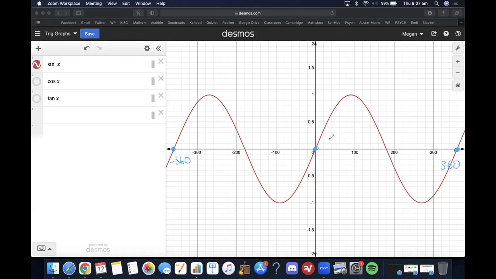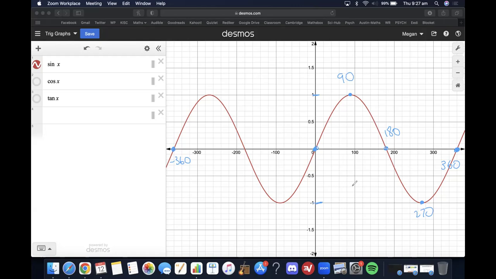The same thing happens every 360 degrees. We just go up and down. The top point here is 1. But if this is a quarter of the way through the pattern, what's it going to be? 90, which makes this 180, and this 270, and this is -1.